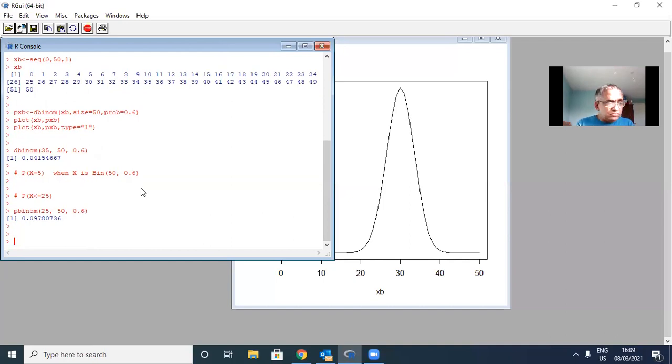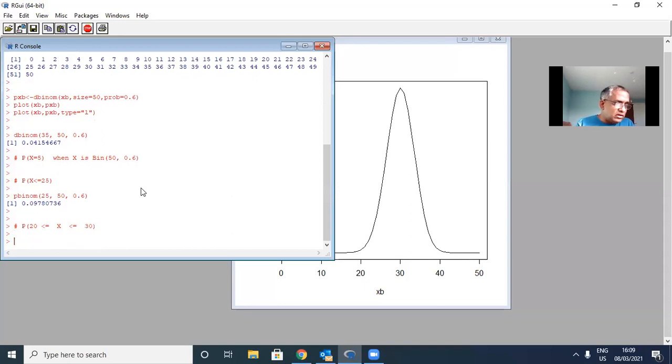Okay, now suppose you want to find the probability that x is between 20 and 30.